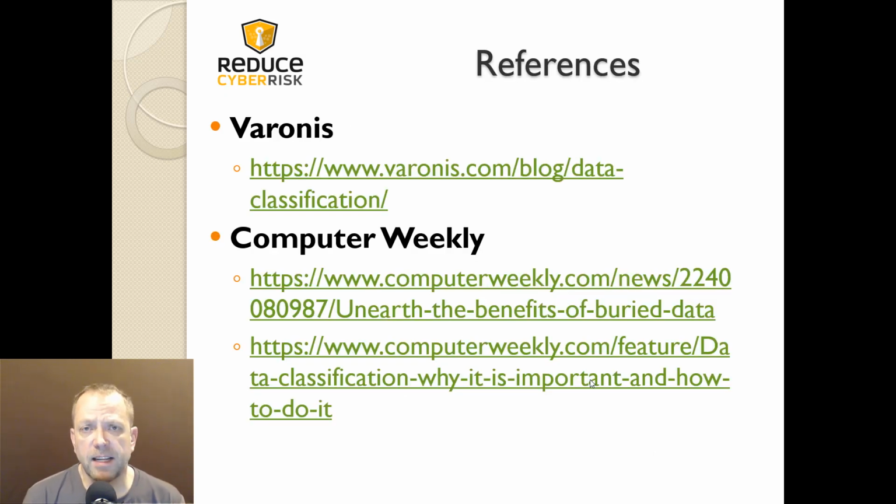Now, as we deal with data classification, here are some of the references that we went through just recently. The key thing to consider is that you need to come up with a plan to manage your data, and you need to start off small. Do not go complex. If you have to, just go low and high, or sensitive and non-sensitive.